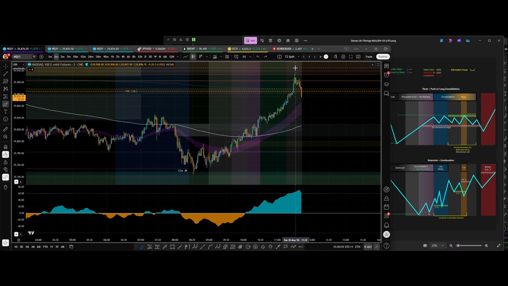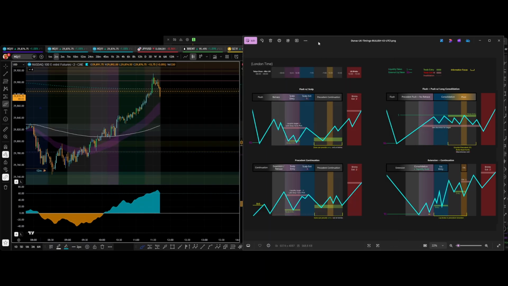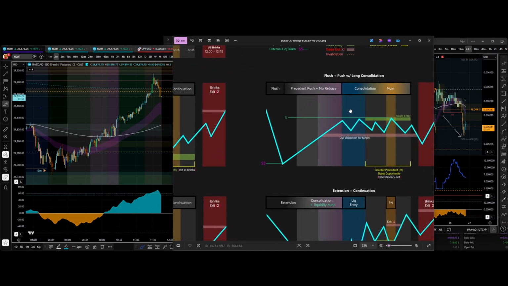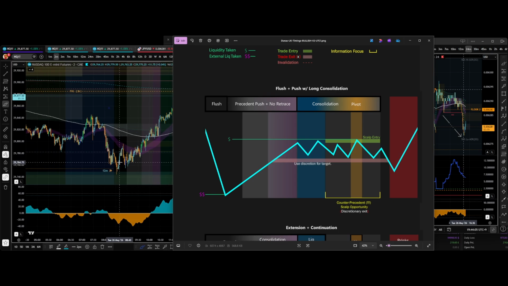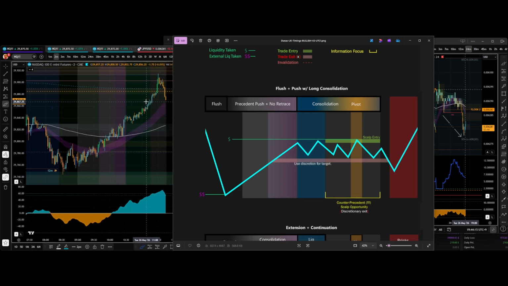This tells me, and actually giving clues, we could be in this one, which is a bullish model, my flush and push then long consolidation. So we had the flush. We had the push, with no retrace. Check. Consolidation, not really yet. This could be the start of it, right?